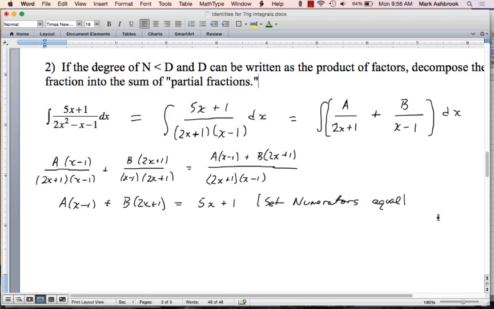Okay, so what we're going to do is multiply out. We've got ax minus a plus b times 2x plus b times 1. That needs to equal 5x plus 1.